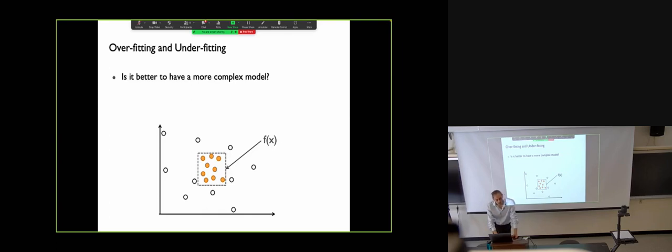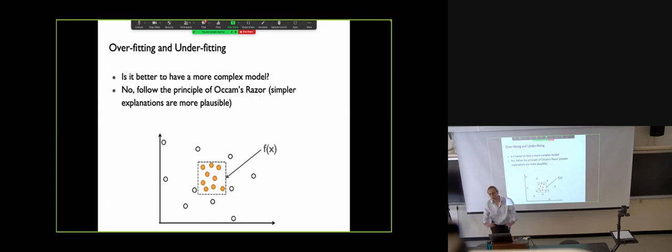So is it better to have a more complex model? Not always, because often we follow what's called the Occam's razor principle. Basically, if we have two models, one simple and one complex, and they both give the same results, the same accuracies, for example, we generally prefer the simpler one, because of Occam's razor: simpler models are often preferred if you have models that are equally accurate.